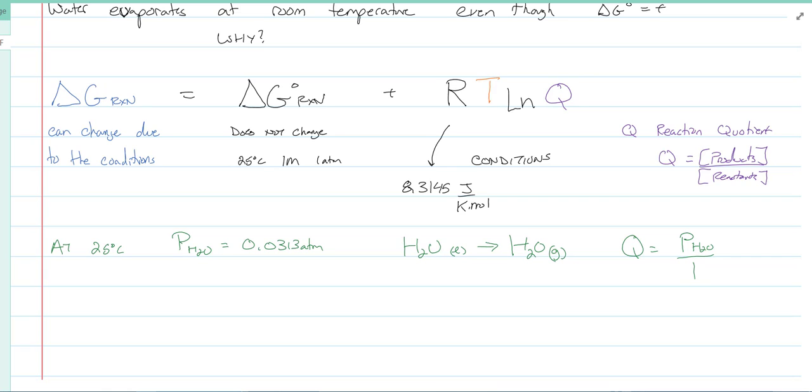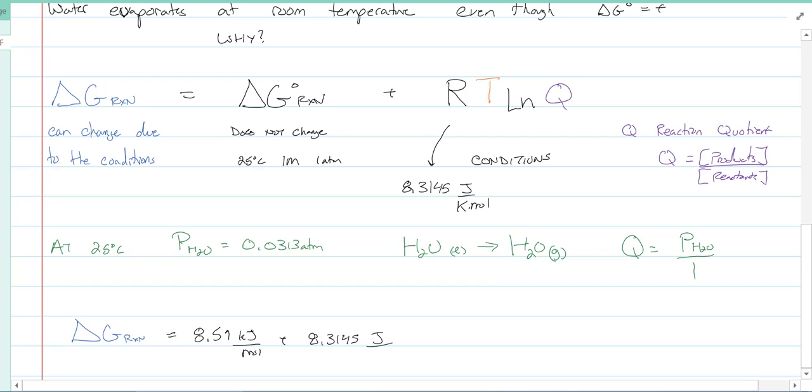So that means delta G of this reaction would be equal to 8.59 kilojoules per mole plus 8.3145 joules per Kelvin mole, 298 Kelvin, times the natural log of 0.0313 atmospheres.